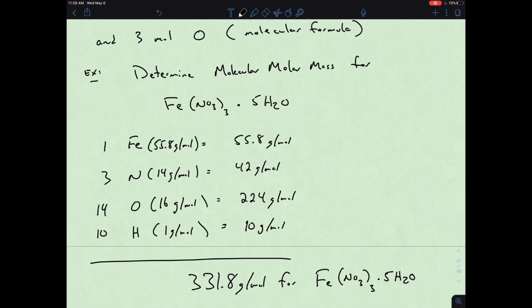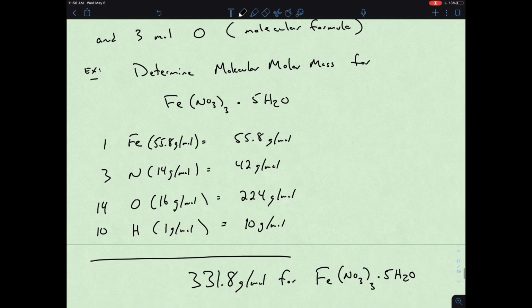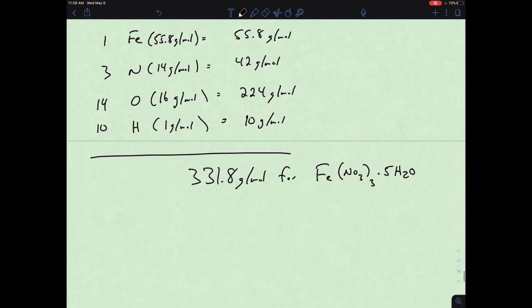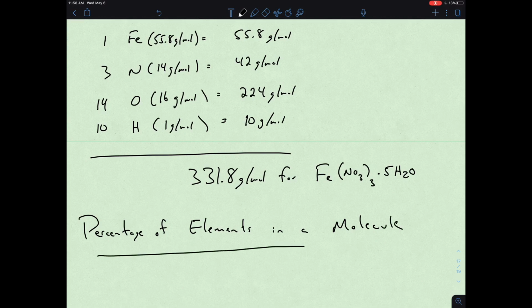What can we do with this idea of molecular molar mass in terms of formula and so on? Let's look at percentage, in terms of percentage of elements within a molecule.